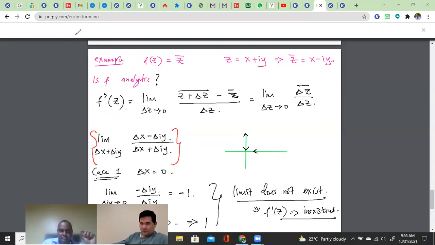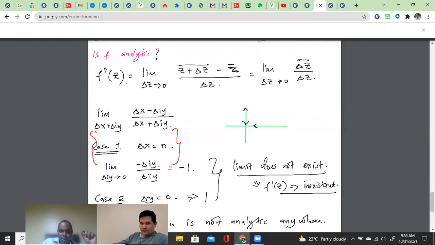Then we checked: if we move along the y-axis, we get -1, and when we move along the x-axis, we get 1. So we get two different answers for the derivative, and because of that, we conclude that this function is not analytic.